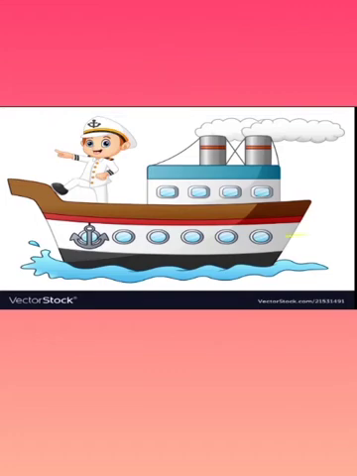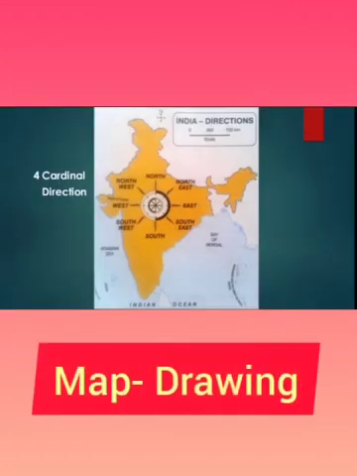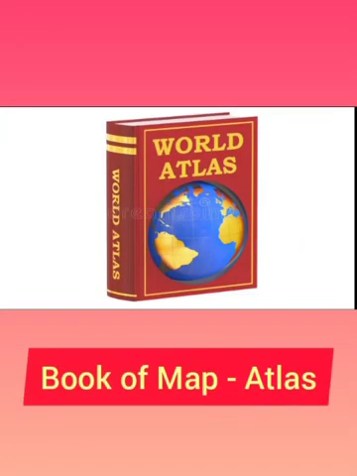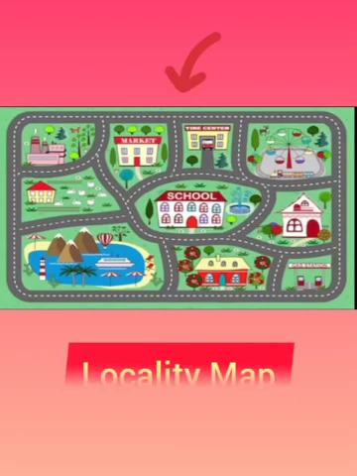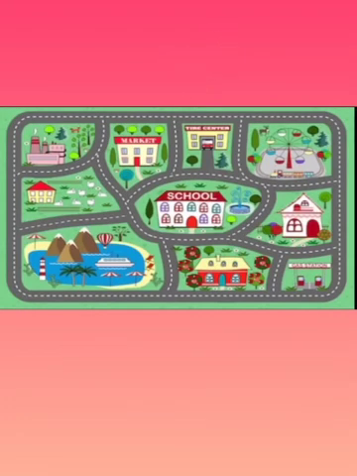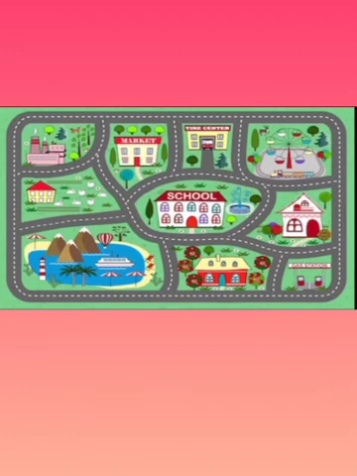Now let's discuss about the map. A map is a drawing to show the location of various places. So a book of maps is called atlas. Now children, this is the locality map. Usually we find maps at the entrance of the colony, called locality map.